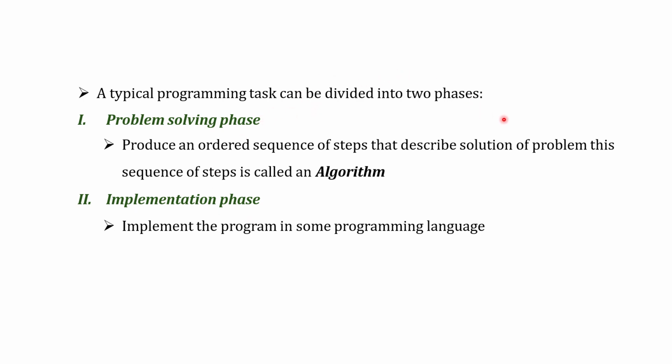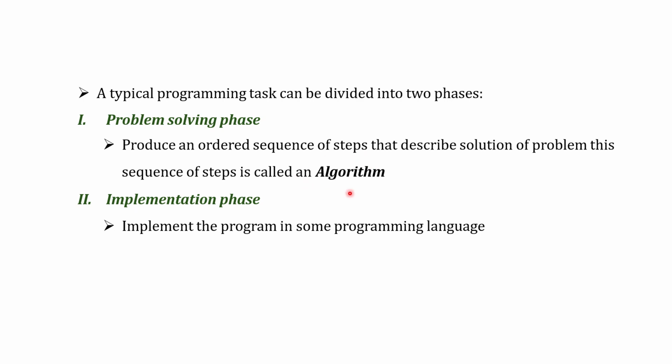So after understanding what is problem solving through programming, the task of programming involves two phases. One is the problem solving phase, the other one is the implementation phase. The problem solving phase generates an ordered sequence of steps which describe the solution to the problem in sequential steps.